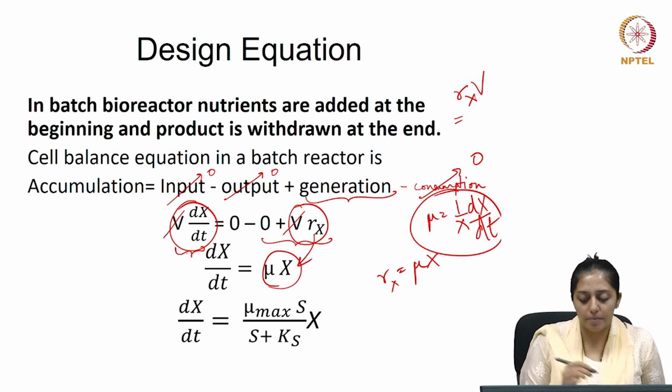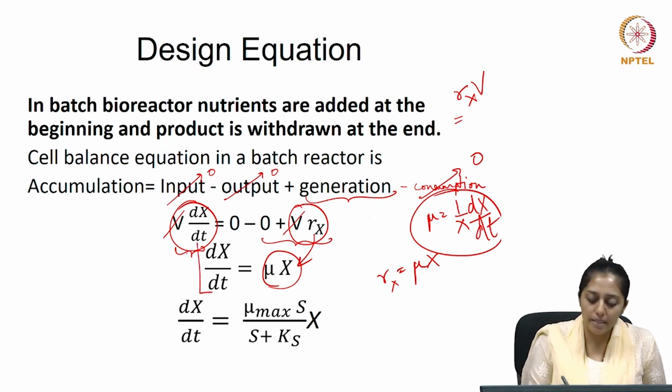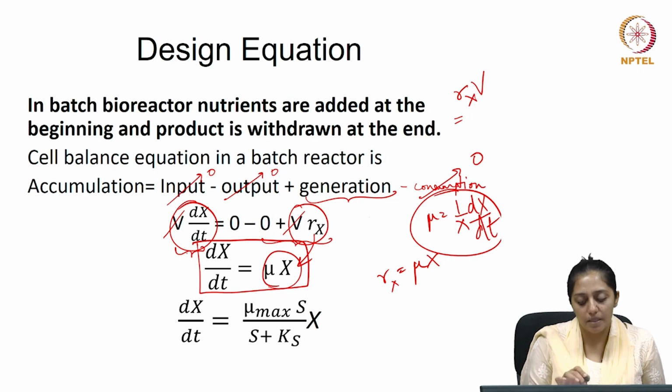The Rx has been substituted as mu times x, and here this dx by dt is the rate at which the accumulation of biomass, the net change in the concentration of the biomass inside the reactor. So, if you remember, I said that for a batch, dx by dt, which stands for the rate at which the biomass is accumulating inside the reactor, is equal to the growth rate of the culture, which is equal to Rx.